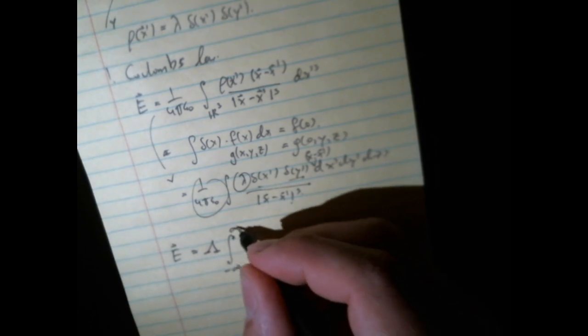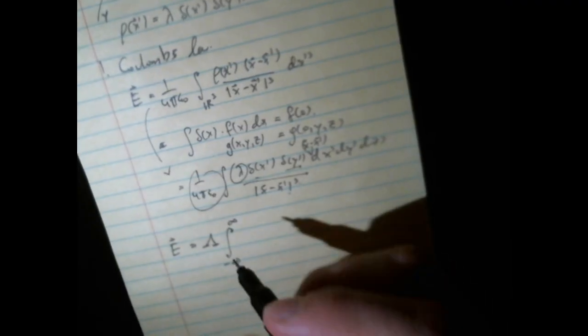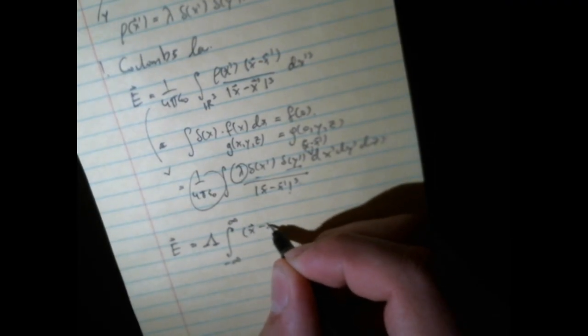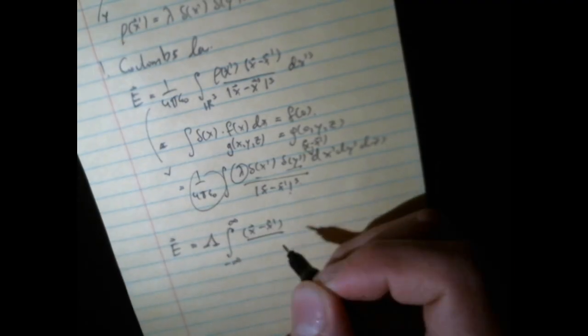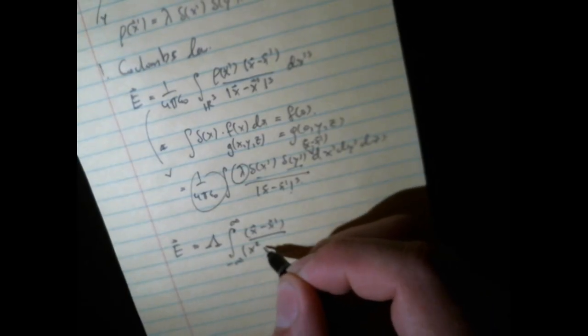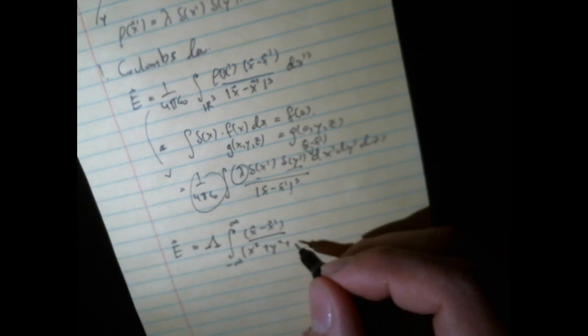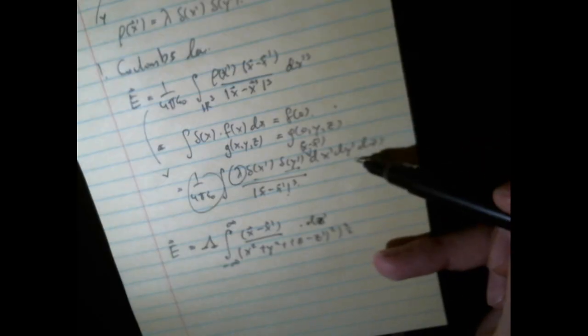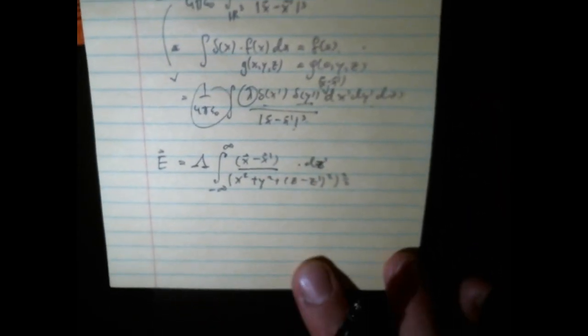I'm just going to set the bounds beforehand. Separation vector divided by, now I'll write this magnitude explicitly, x squared plus y squared plus z minus z prime squared, to the 3 over 2, and then we can multiply by dz prime. And we can use this property here to show why that's true.